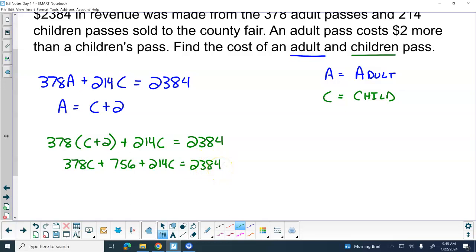378 plus 214 is 592. $2,384 minus 756 is 1628.